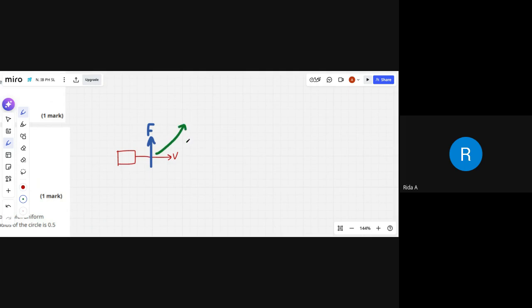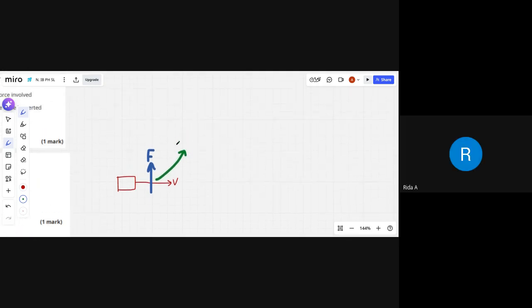Is that intuitive? And let's say the trolley is here now, and it's moving in this direction with velocity v, and you apply a force perpendicular to it again. Then its pathway will be curved once again. Is that clear?